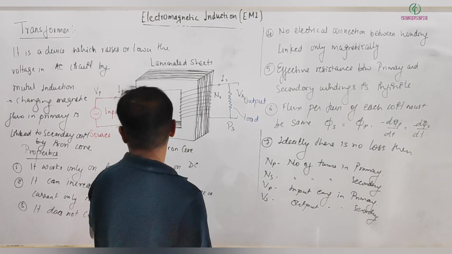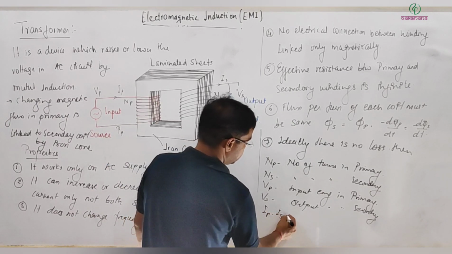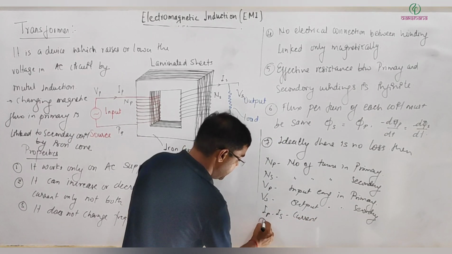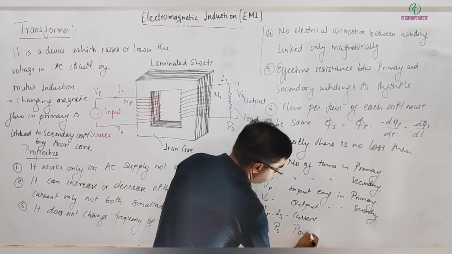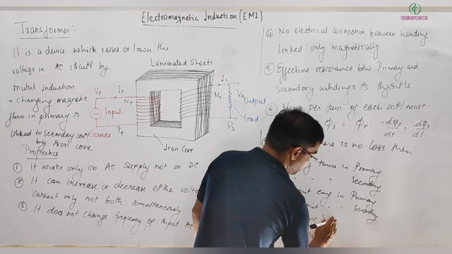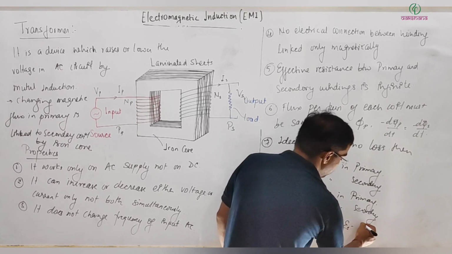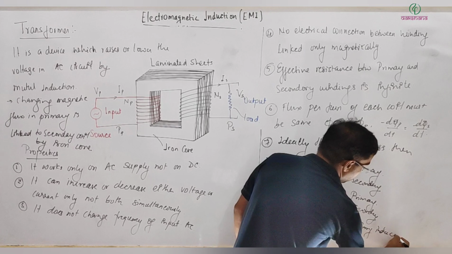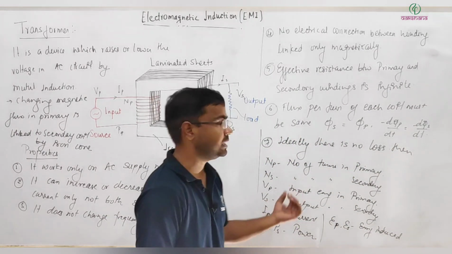I think you can easily understand this. IP and IS are the current in primary and secondary. P is the power in primary and secondary coil, and I am writing E as EP and ES, the EMF induced in primary and secondary.